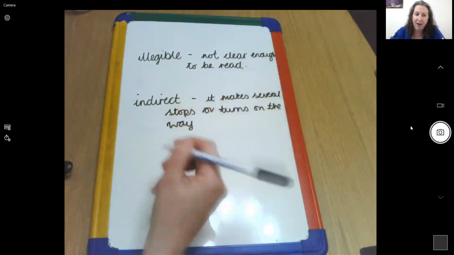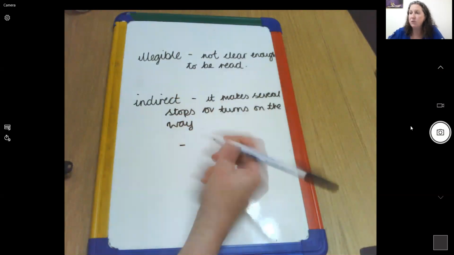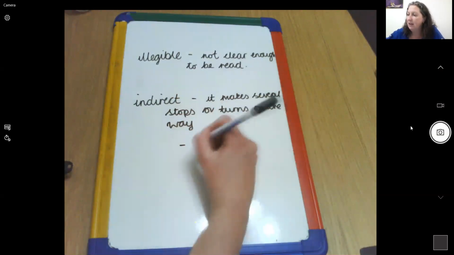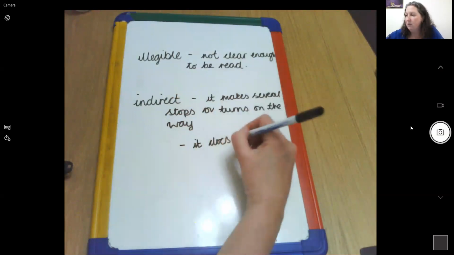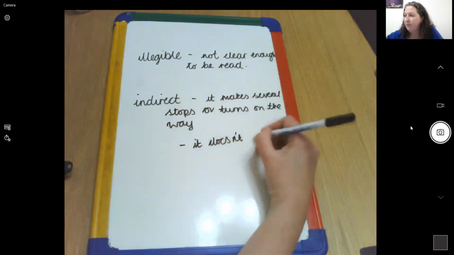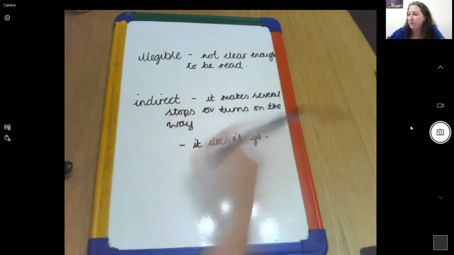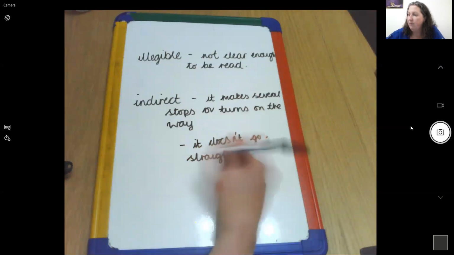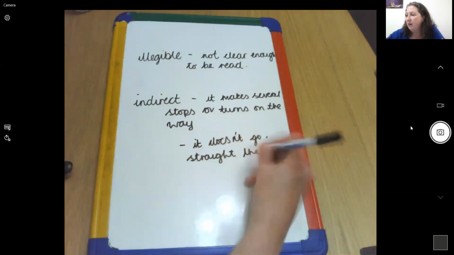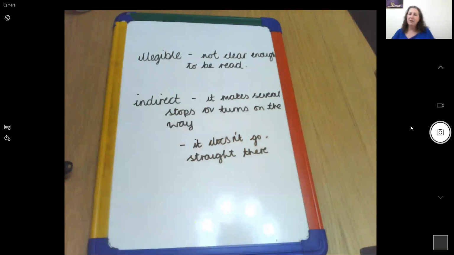I may also write, because on the other one I said straight to the point, it doesn't go straight. Okay, I have rushed mine slightly just to model it, otherwise we'd be on here for ages. But I would like you to make sure that yours is a lot neater than mine.